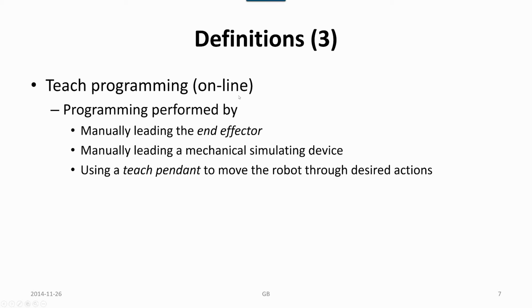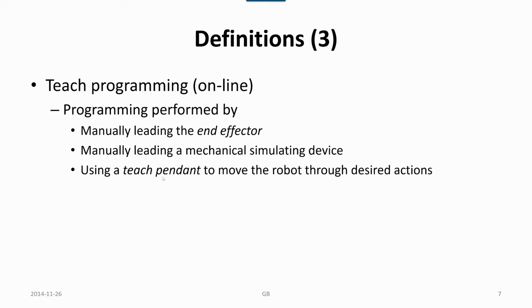And teach programming online is programming performed by manually leading the end effector or manually leading a mechanical simulation device, or using a teach pendant to move the robot through the desired actions. I would say that the teach pendant is the normal way to program robots using the online methodology.